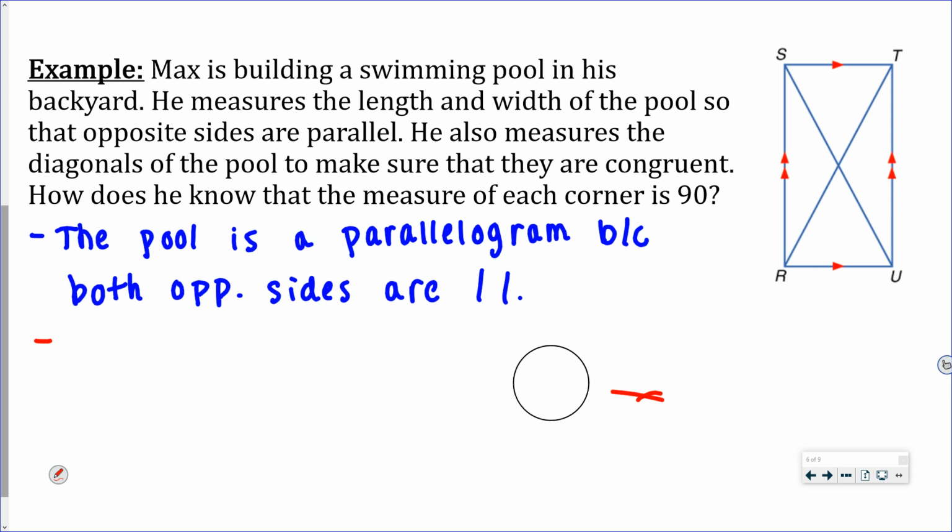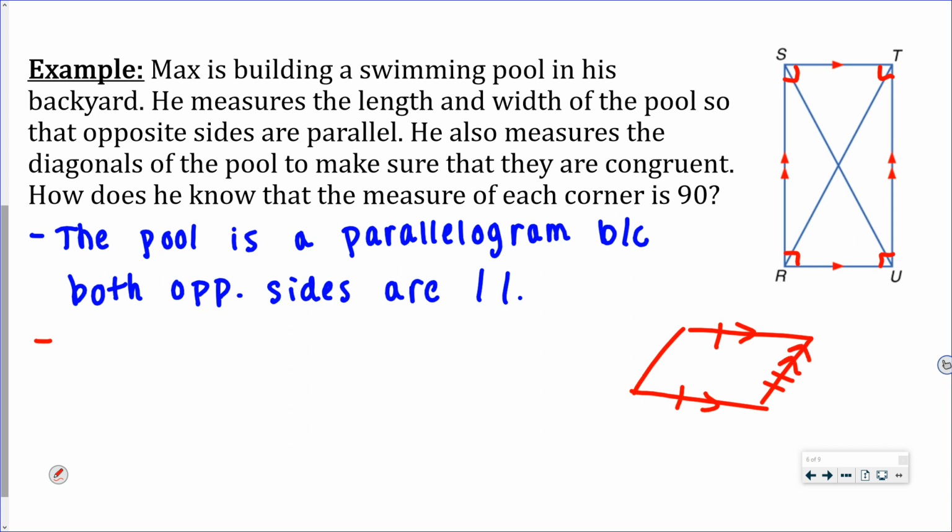What makes each corner 90 degrees? If they were congruent to the sides? Yeah, if they were. Not even that either. I could have this, right? Good guesses.